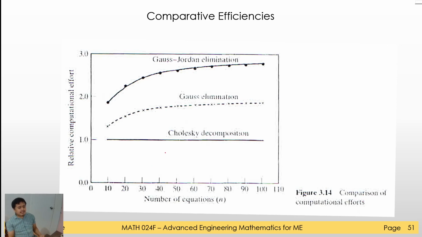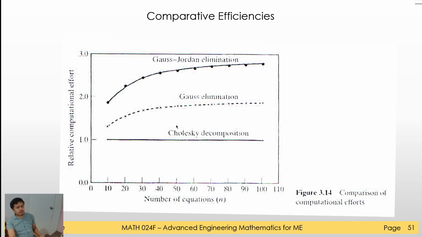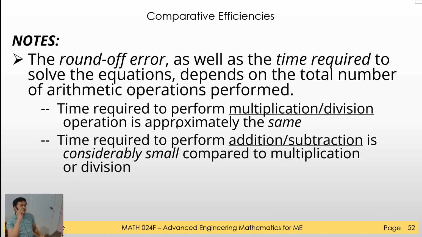Okay, so that will be all for the computational efficiencies, and I guess I'll just add a few notes to finish off. Round-off error as well as time required to solve the equations depends on the total number of arithmetic operations performed. The time required to perform multiplication and division is approximately the same. Time required to perform addition and subtraction is considerably small compared to multiplication or division.